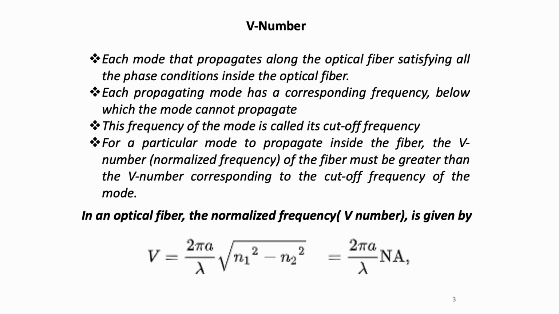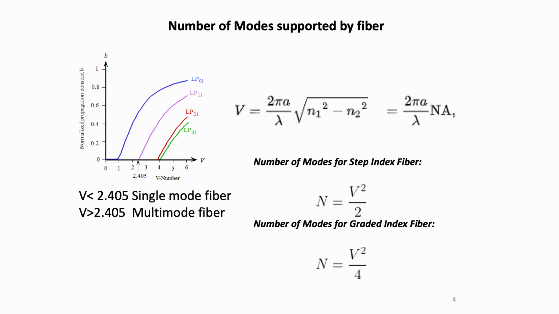If both the core and cladding refractive indices are given, it is easy to calculate the numerical aperture using √(n1² − n2²). If only the core refractive index and the index difference delta are given, we use the formula n1√(2Δ) for calculating the numerical aperture.